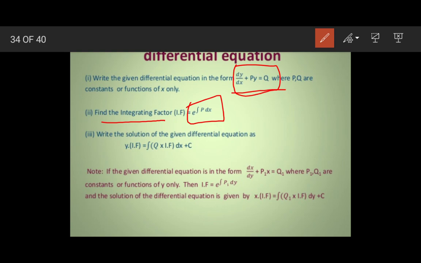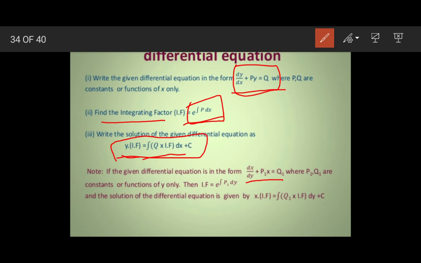So in the second step we use the formula e raised to integral of P dx, and in the third step we use the solution of the linear differential equation, for which we use the formula y times integrating factor equals integral of Q times integrating factor dx plus c.